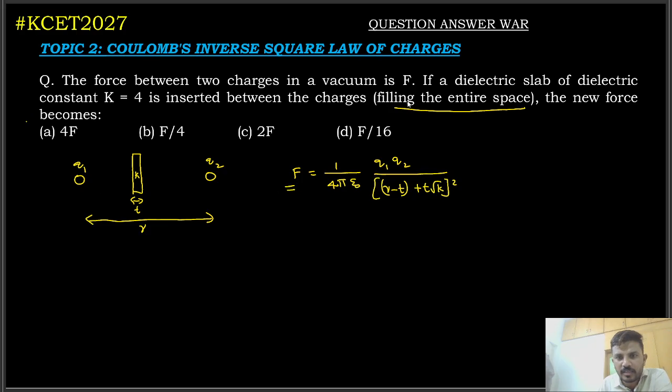But here what they are telling, filling the entire space, means directly you can take R is equal to T. So R minus T is 0. T root K whole square, you will get R whole square times K, so we'll get the formula F is equal to 1 by 4 pi epsilon naught Q1 Q2 by R square into K, because in this case R value is equal to T value, and K is the dielectric constant.